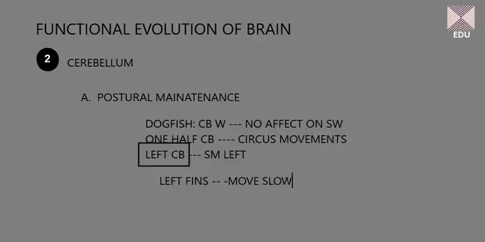When the left fins move slowly and the right fins are fast, they push the water more onto the right side, and the fish will swirl, or move spirally, to the left side. That was the mechanism found for why the fish swims to the left side when the left cerebellum has been removed. The fins on that particular side will move slowly.